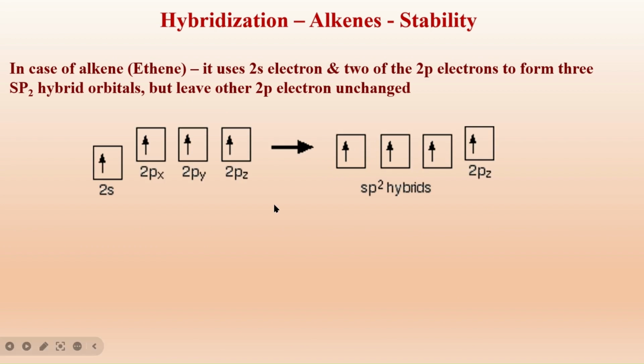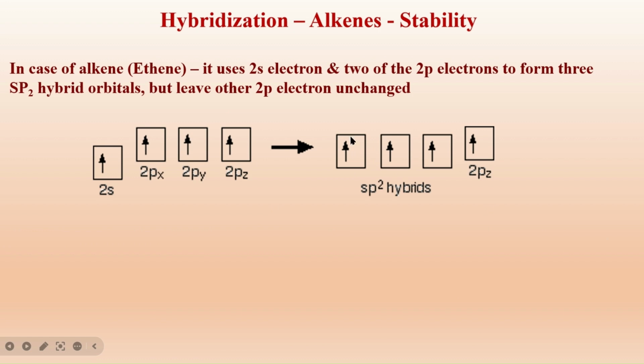of ethene, the 2s orbital combines with two 2p orbitals, and this forms three sp2 hybrid orbitals. The sp2 hybrid orbital's energy is higher than that of the 2s orbital and lesser than that of the 2p orbital.